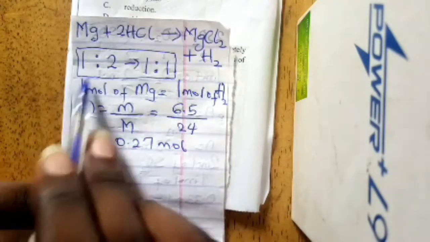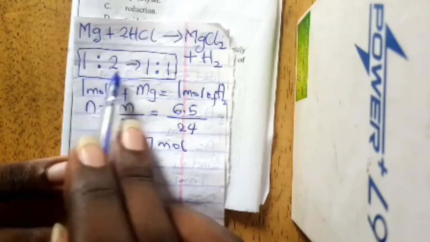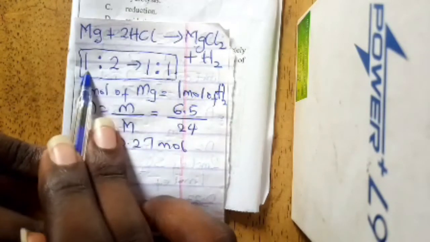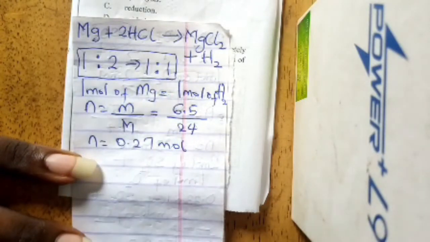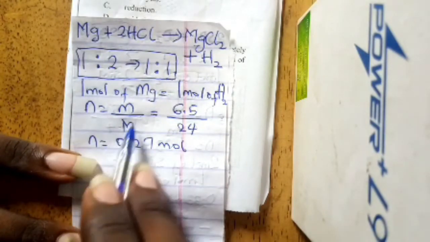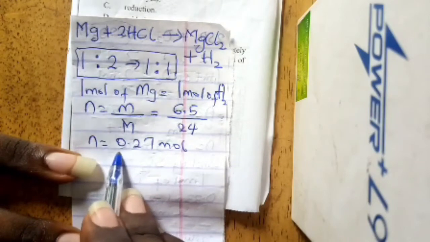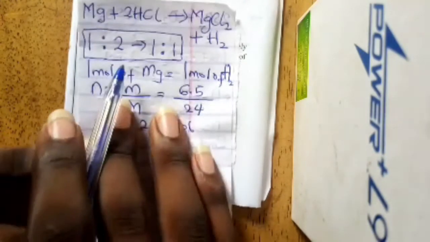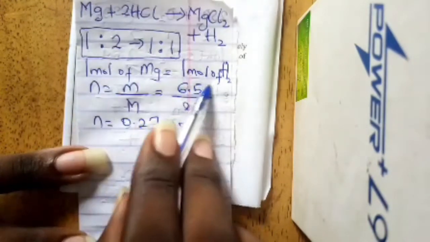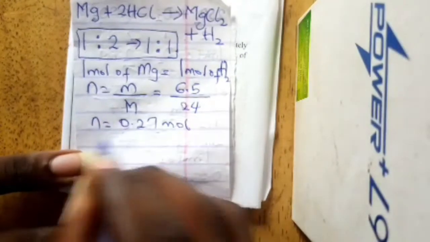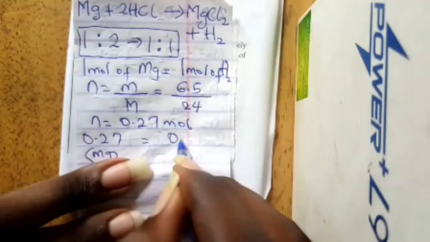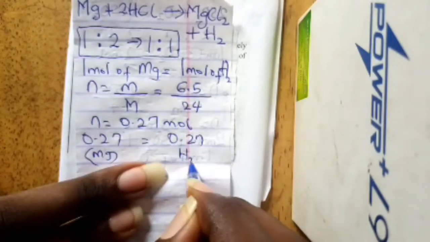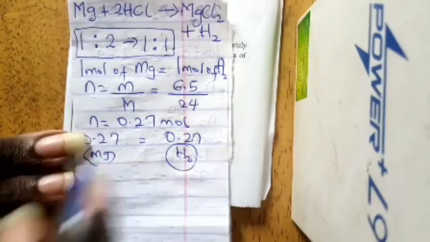So initially it was 1 mole to 2 gives us 1 to 1, meaning 1 mole magnesium gave us 1 mole of hydrogen. But we are told 6.5 gram is the reacting mass now. So our number of moles of magnesium is 0.27. So if 1 mole of magnesium gave us 1 mole of hydrogen gas, 0.27 mole of magnesium will also give us 0.27 mole of hydrogen gas.